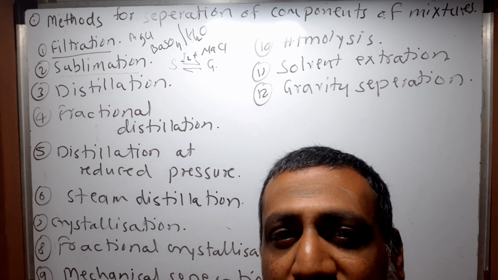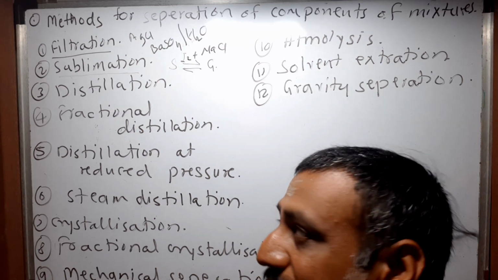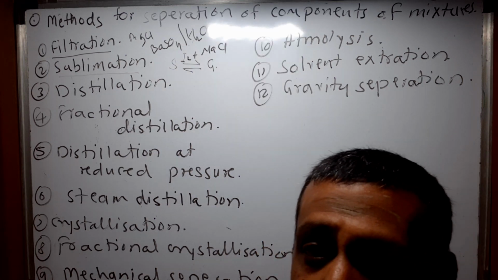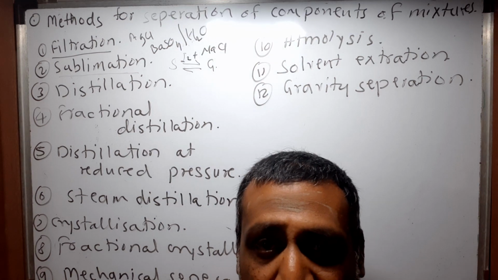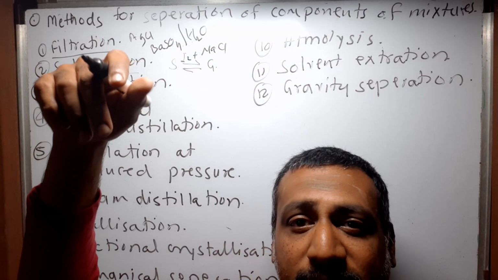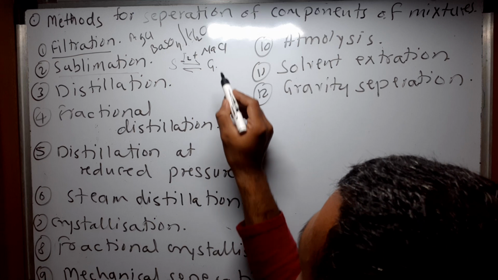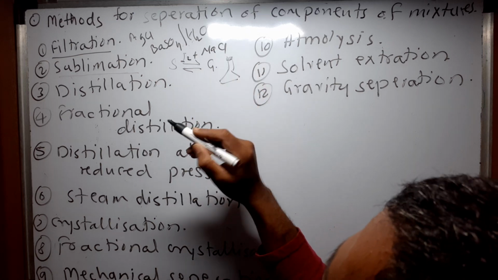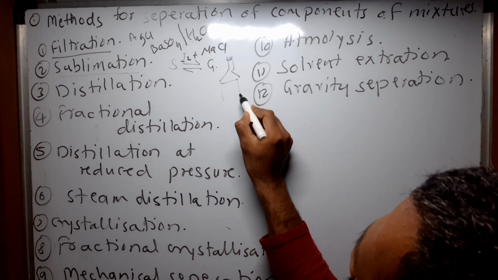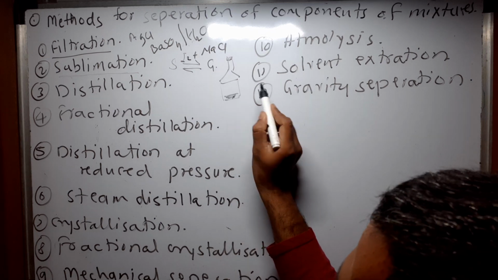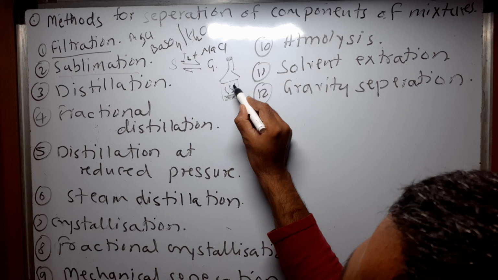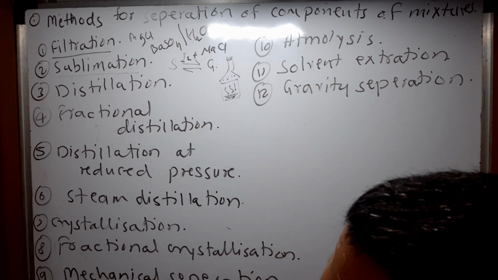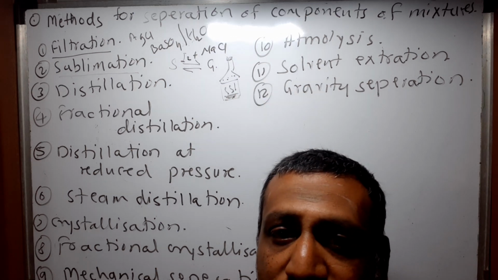Sometimes we have to increase the temperature a little, not too much, even though theoretically it is said that it is carried out at room temperature. The other end of the funnel is to be closed with cotton, and here we have the mixture of sublimable and non-sublimable substance. So iodine will get vaporized and it will adhere to the inner side of the funnel.